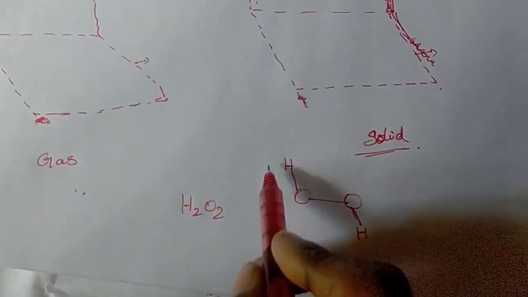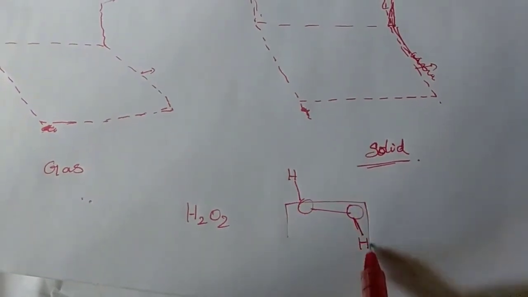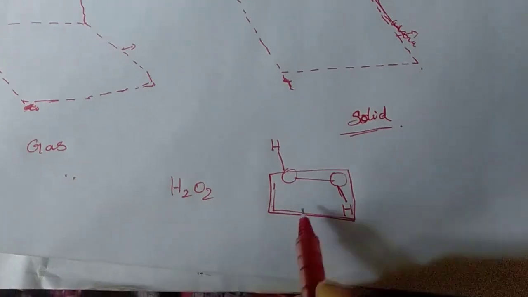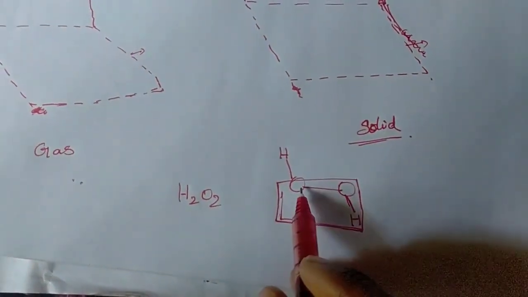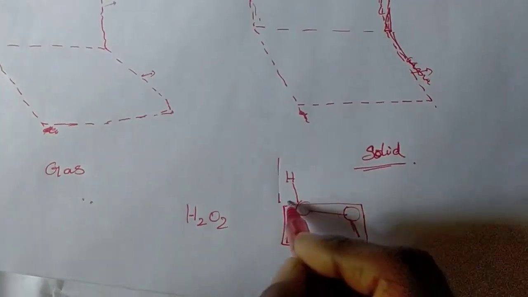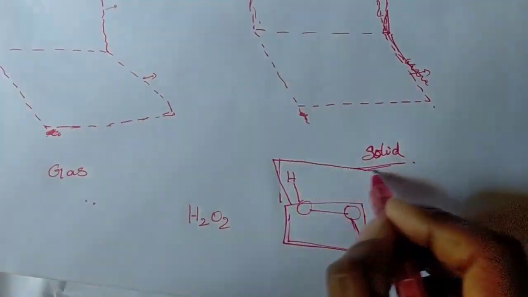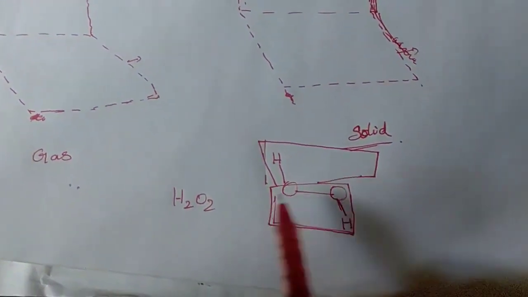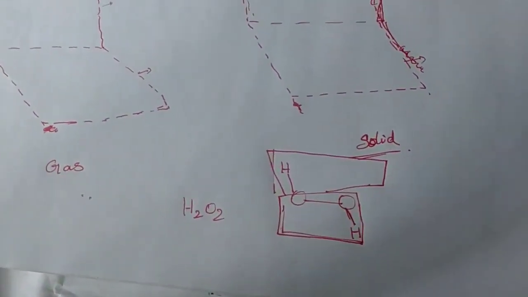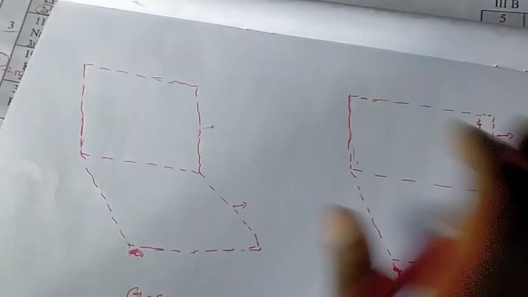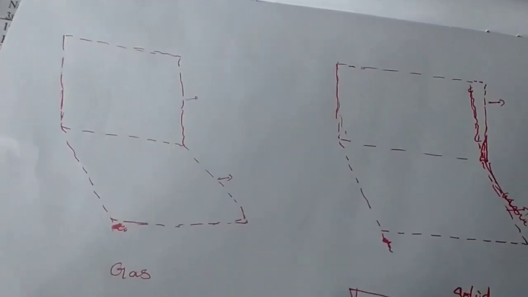It's not in the same plane. One hydroxyl group with the other oxygen is in one plane, and the hydrogen joined with the other oxygen is in the opposite plane. This is explained here in the partially opened book structure.